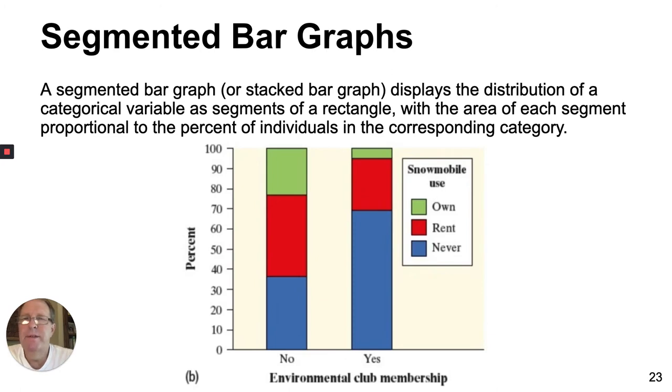A segmented bar graph, or a stacked bar graph, displays the distribution of a categorical variable as segments of a rectangle, with the area of each segment proportional to the percent of individuals in the corresponding category.